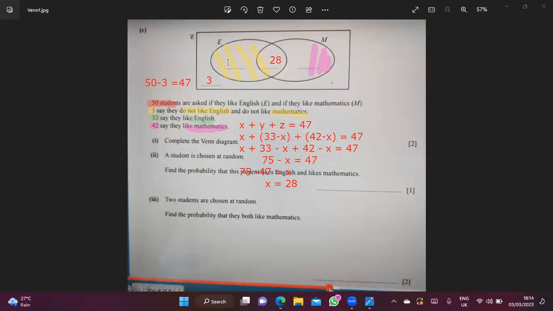Right here, we got 33 minus 28. If you work it out, 33 minus 28, it will be 5. You can just calculate using a calculator. What about here, your z just now? Your z is actually 42 minus x, which is 42 minus 28, actually 14. There you go.